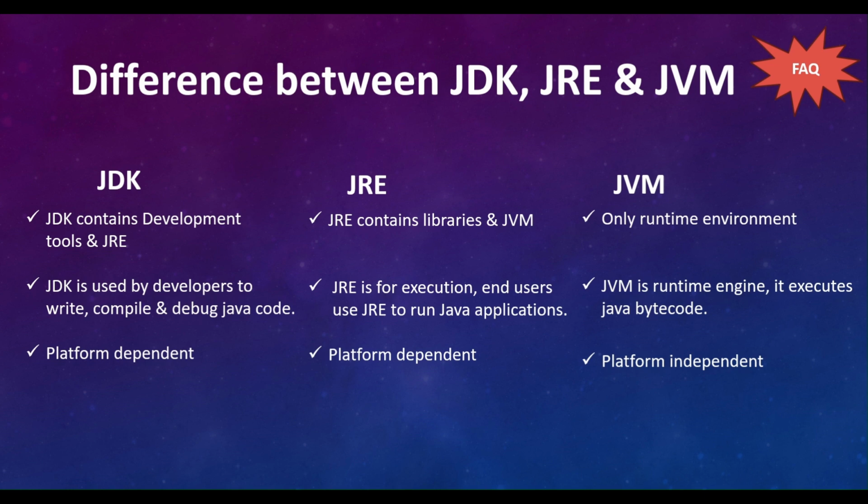This is one of the main features we discussed in the previous video on features of Java: Java is a platform independent language, which is nothing but WORA, write once and run anywhere. Whatever Java code you have written on a Windows machine, you can execute on a Mac machine. So it is completely platform independent. These are the major differences between these three components.